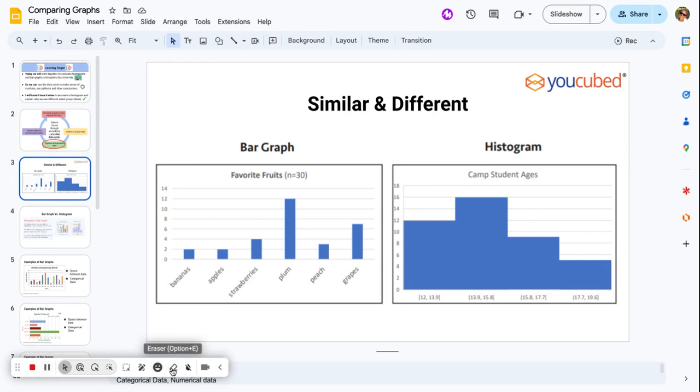Okay, so hopefully you guys were able to observe that on bar graphs there is space in between the bars. Also, what I noticed was that for a histogram, as we've been talking about, there is no space.